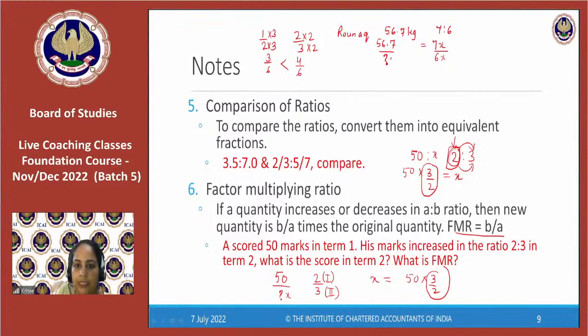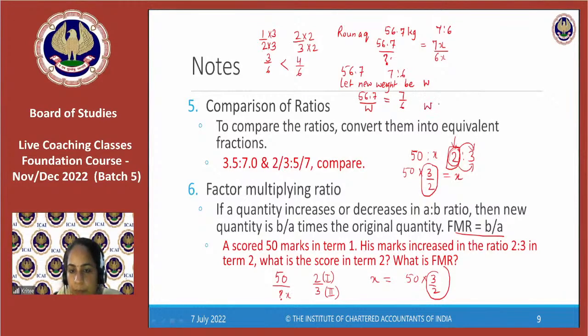If you don't understand FMR, forget it. I'll tell you how we'll go about with this. We have an existing weight of 56.7. The weight will be reduced in the ratio 7:6. So let new weight be W. So 56.7 by W is now in the ratio 7:6.